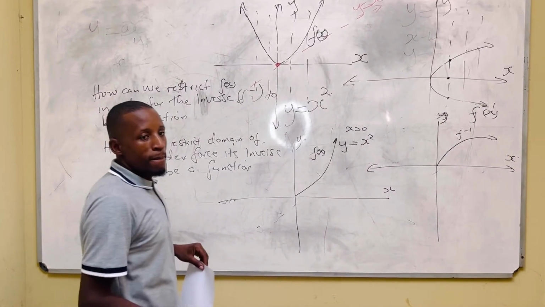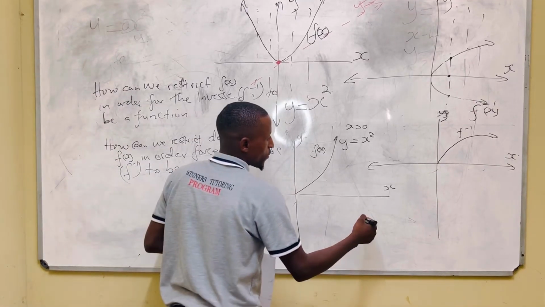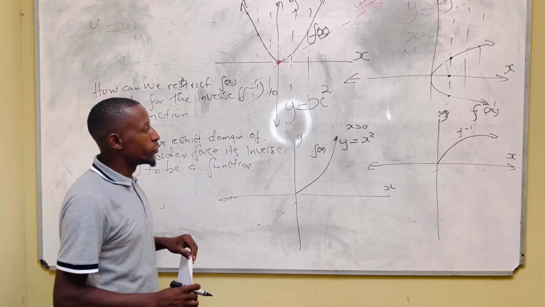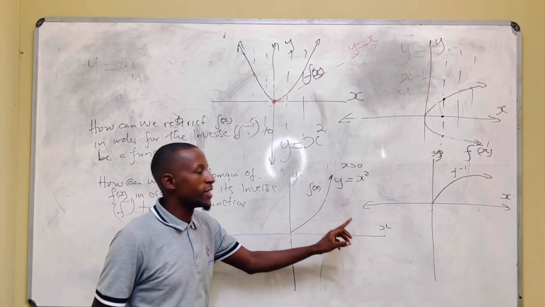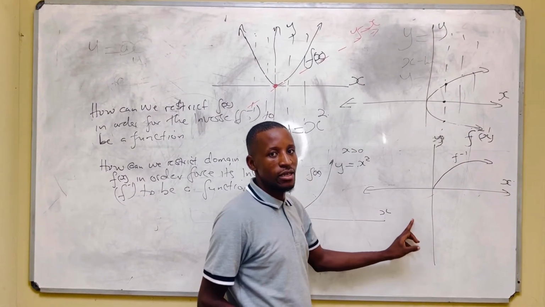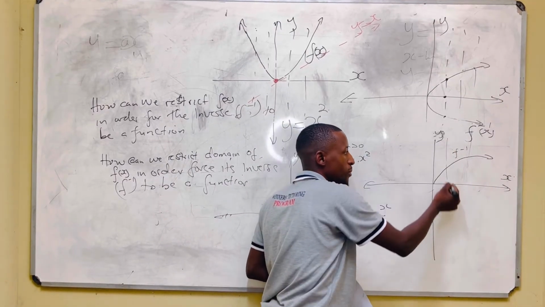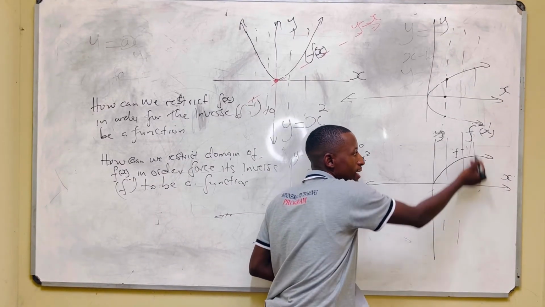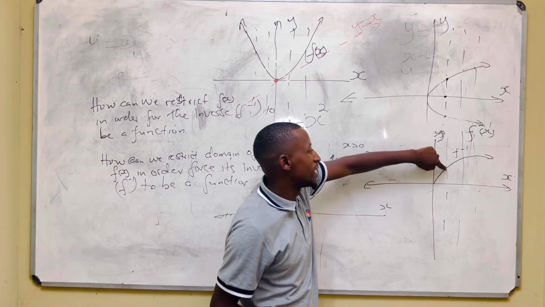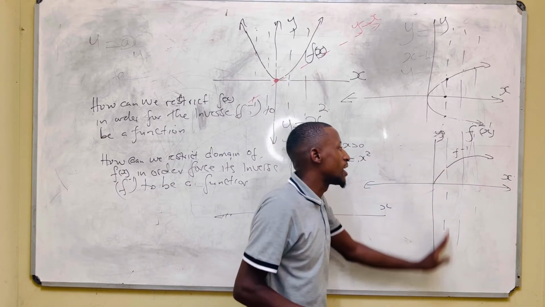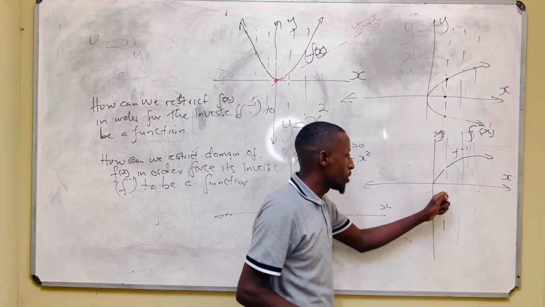So let me draw it on the same set of axes, but before that, do you see that I've made the original graph have one arm so that this one becomes a function? Is it a function now? Yes, because if you draw a vertical line test, we will have one y value versus one x value, or it only cuts it once. That's why it's now a function.